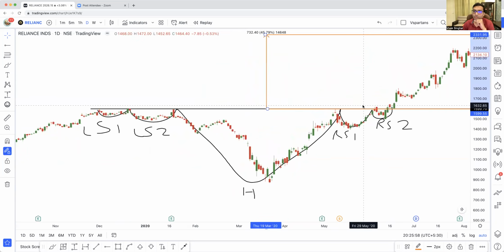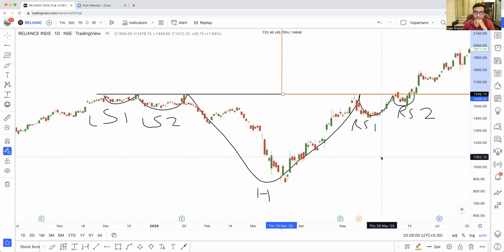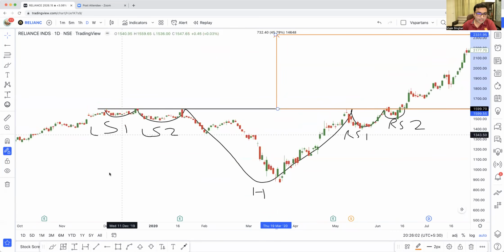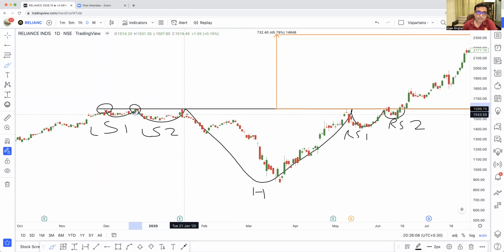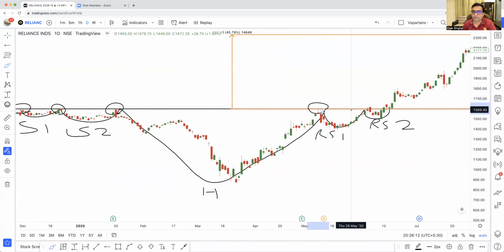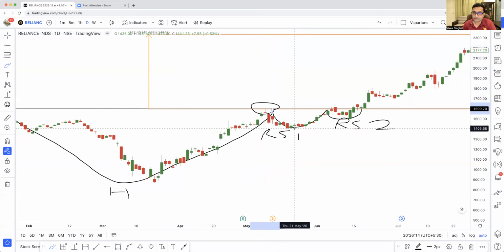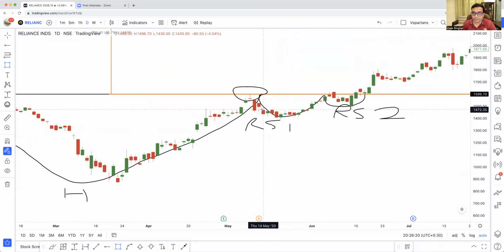Now, where is the buying point? We need to see a few connecting points, meaning connecting points of shoulders and the end of the head and the beginning of the right shoulder. So on the right shoulder, we will see a base formation and the breakout from this base formation.